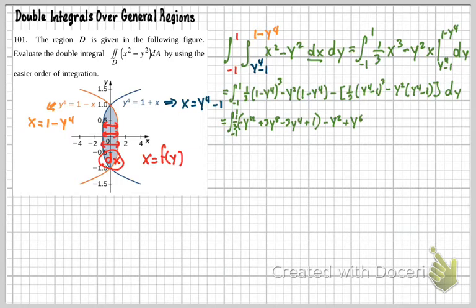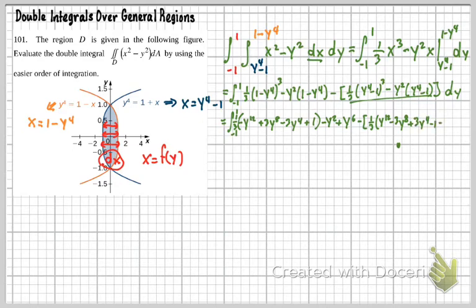So now we're going to expand the second piece here in this subtraction. So that'll be minus, and we still have this 1/3 here, so I'm going to leave that there. So 1/3. And this y to the 4th minus 1 cubed is going to give us y to the 12th minus 3y to the 8th plus 3y to the 4th minus 1.